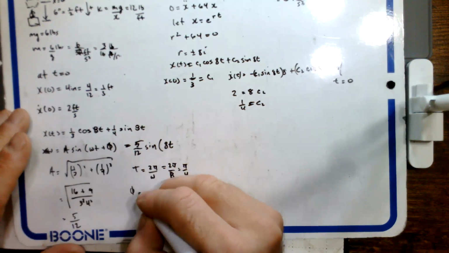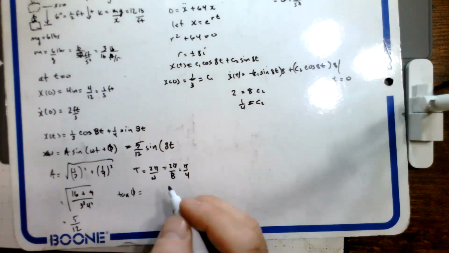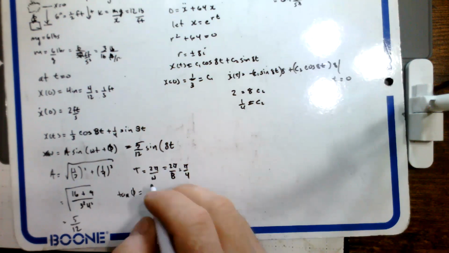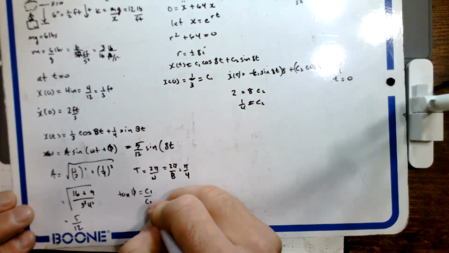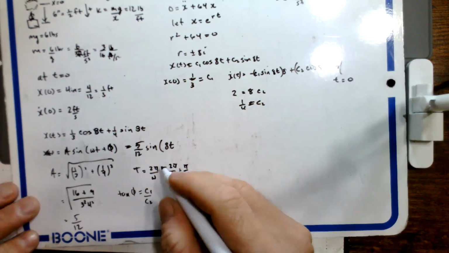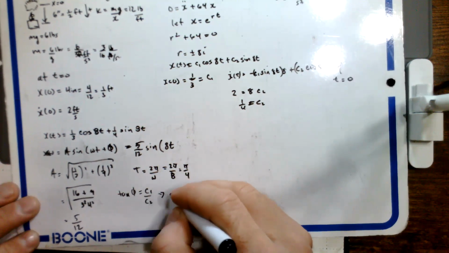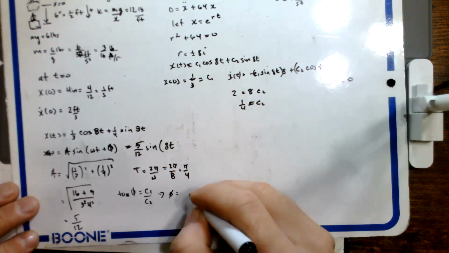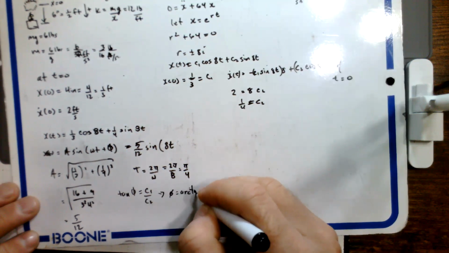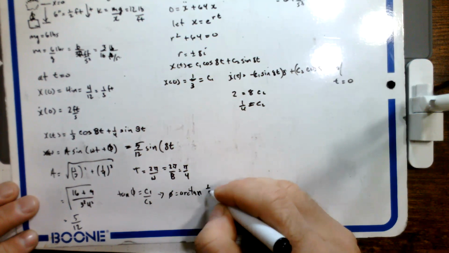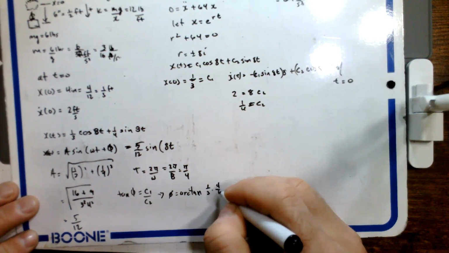So phi, the tangent of phi, is equal to C1 over C2. C1 is 1/3, so phi is equal to the arctan of 1/3 times 4/1.